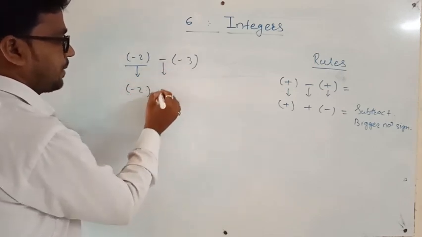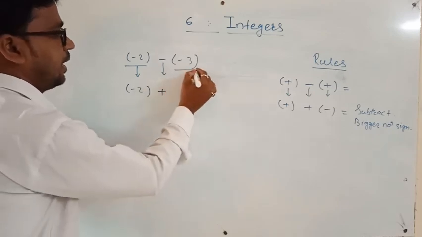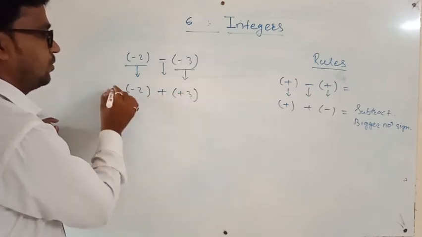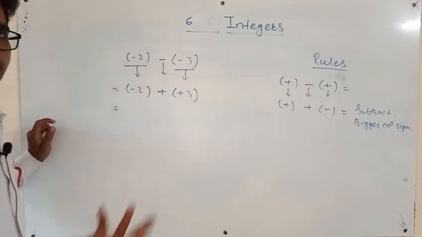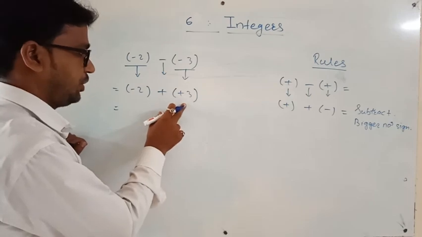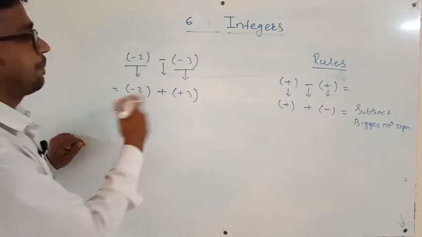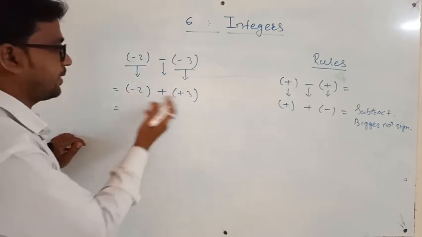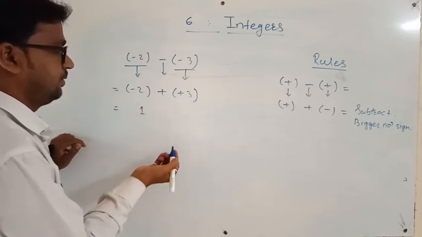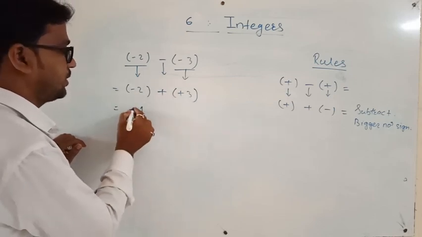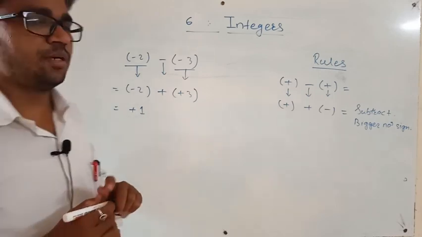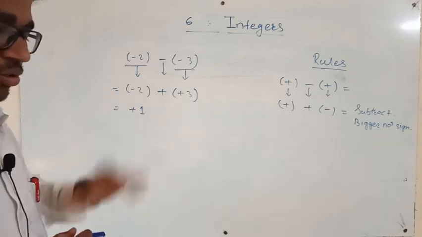Change this subtraction to addition, and the additive inverse of this will be positive 3. Now the same addition is here. The first number is negative, another is positive. Then subtract it. So 3 minus 2 is 1, and give the bigger number's sign. So if both the numbers are negative, then we have to solve like this.